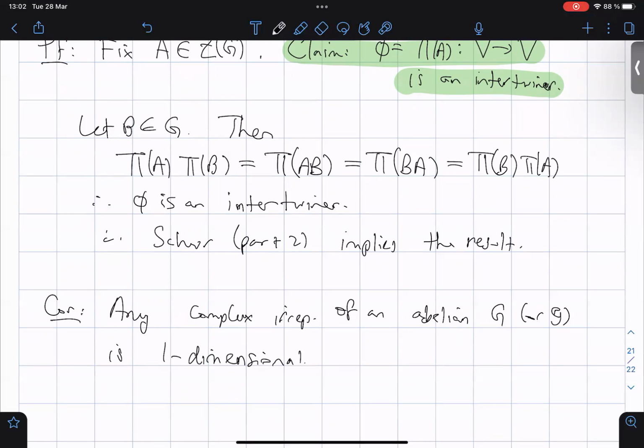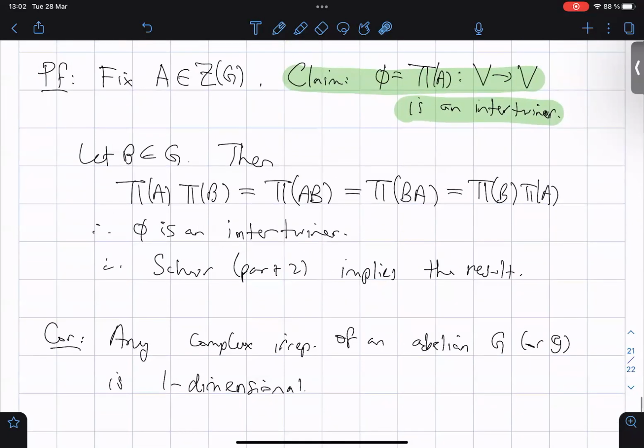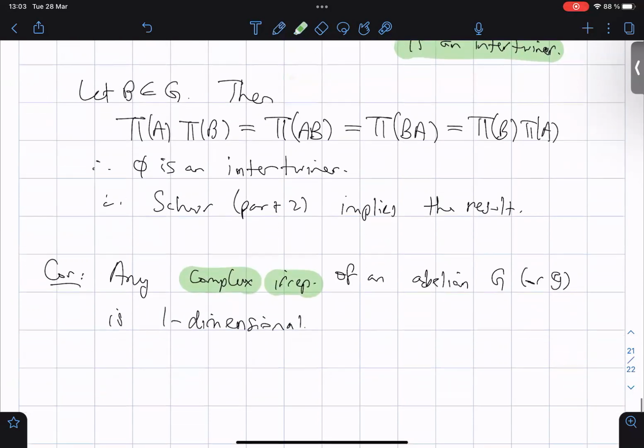Because under any representation, from what we just showed, it's just a multiple of the identity map. The identity map has lots of invariant subspaces. If you want it to be an irreducible representation, then only the trivial invariant subspace, or the whole thing, so it has to be one-dimensional. It's very important that you have this complex hypothesis in here.